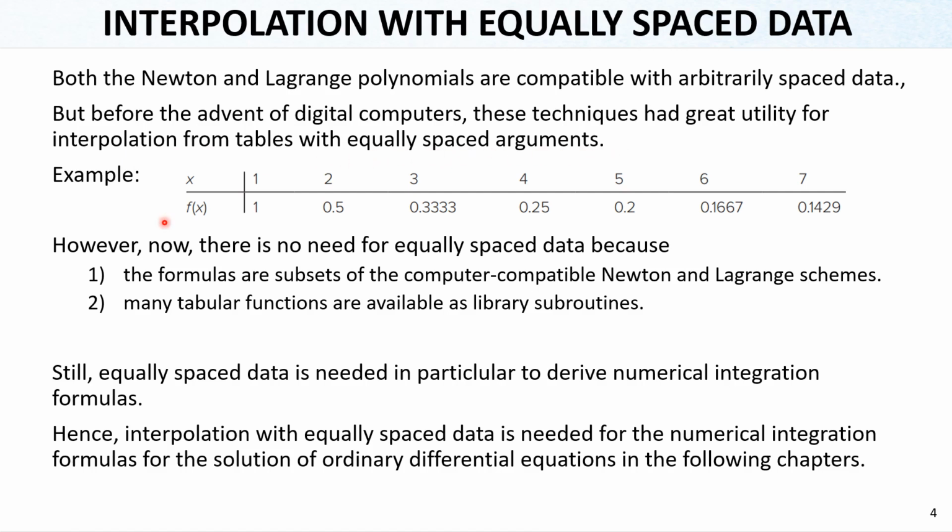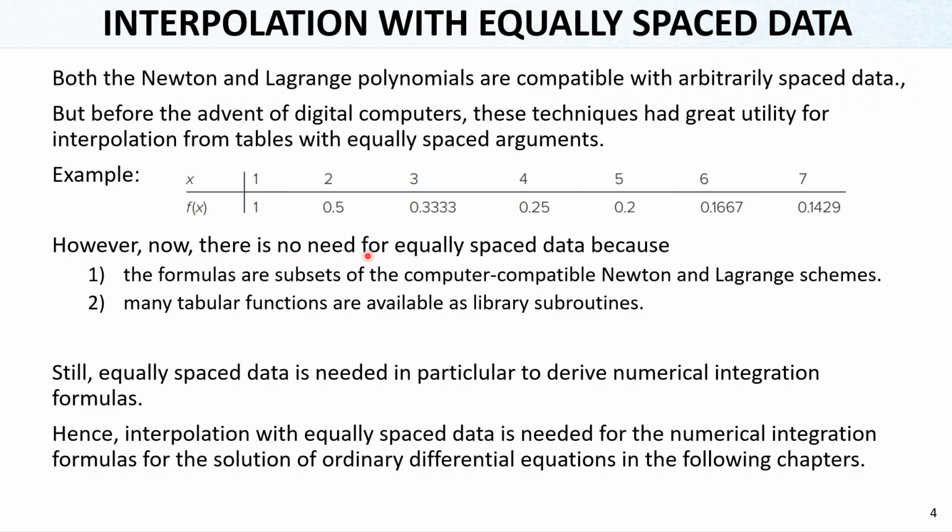So usually it was preferred to have equally spaced data. This example is from the previous slides as well, for a different polynomial interpolation than the Newton and Lagrange we mentioned before. And here we are talking about Newton and Lagrange now, which are usually used with arbitrarily spaced data.